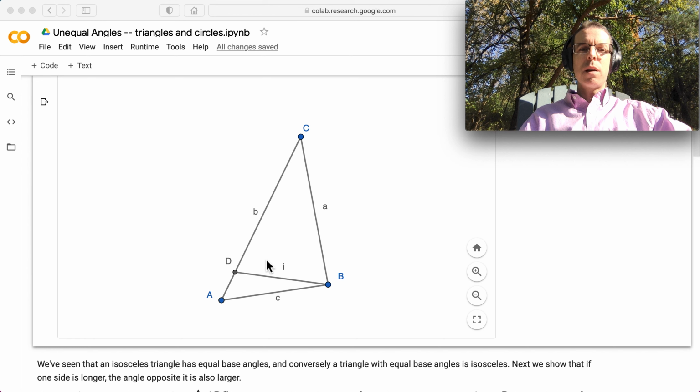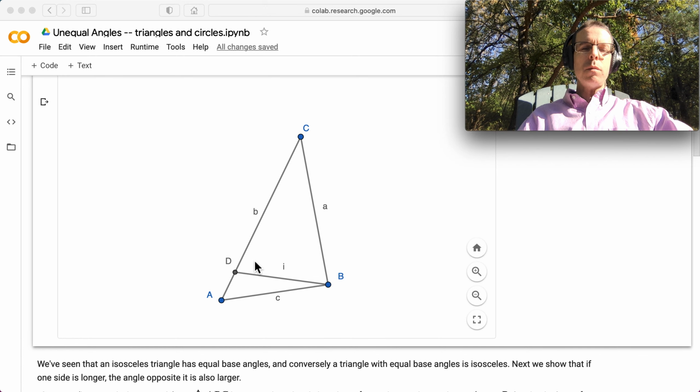So notice that we have the equality of these angles, but neither of the base angles in the original triangle is equal to these. But they are related to them, and by using these two angles and their equality and relating them to the original angles A and B, then we can deduce that B is bigger than A.